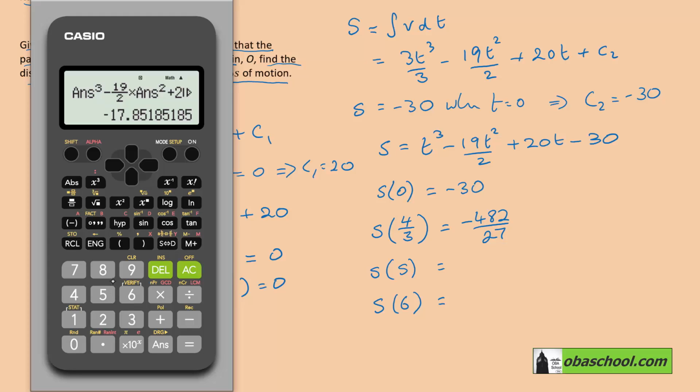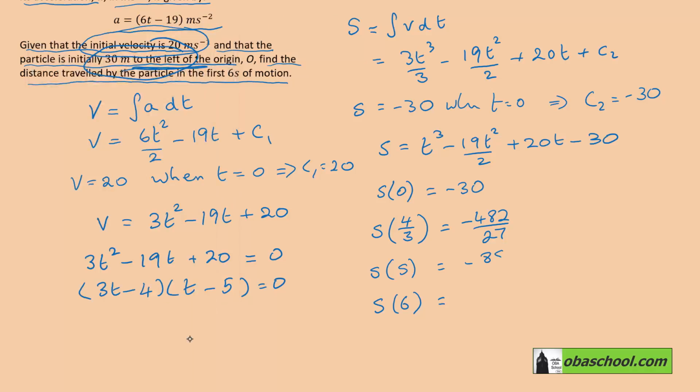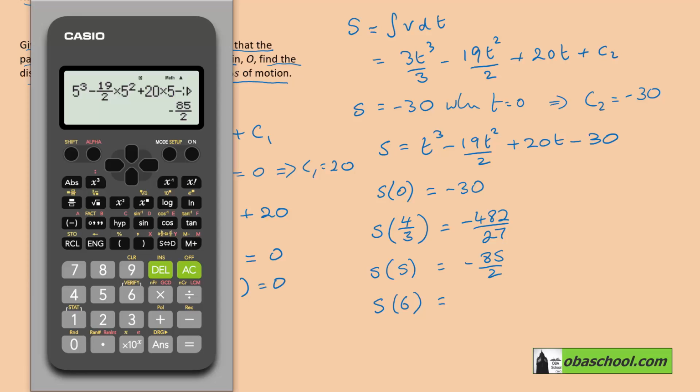Now I need s of 5, so that's going to be 5 cubed, take away 19 over 2 times 5 squared, add 20 times 5, take away 30, that gives me negative 85 over 2, and that's negative 42.5.